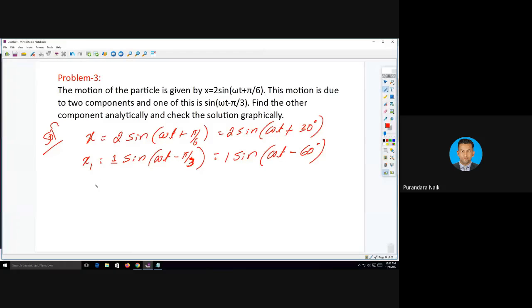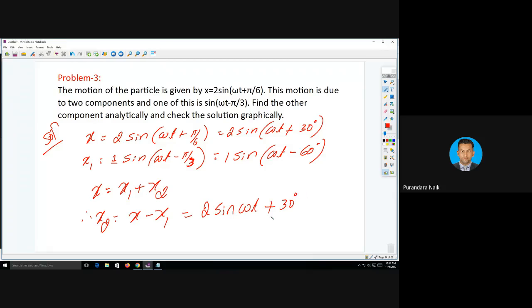Okay, according to the problem, he has given x is equal to x1 plus x2. Therefore, x2 is equal to x minus x1. What is x? x is 2 into sine omega t plus 30 degree.